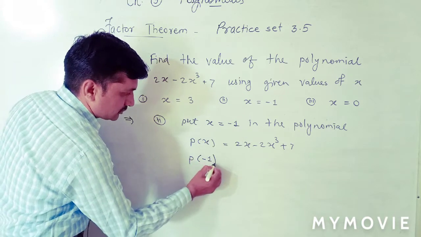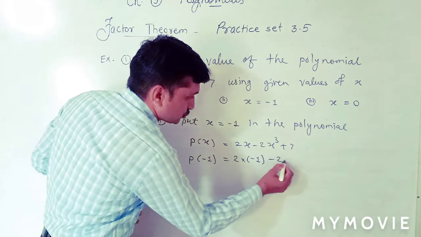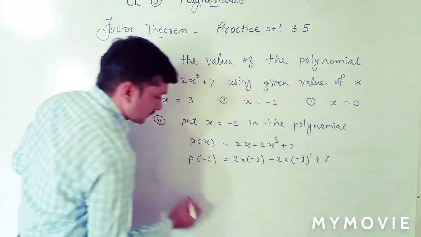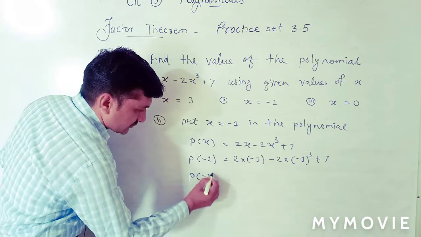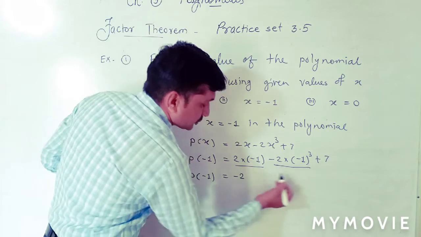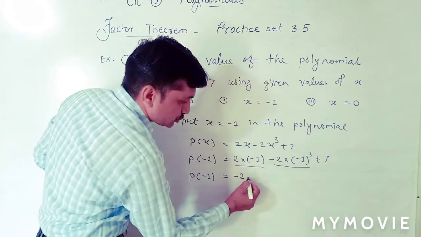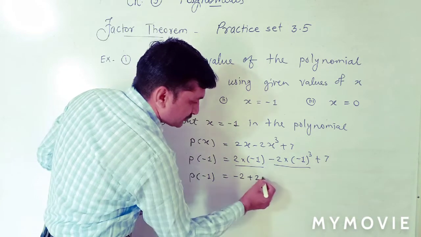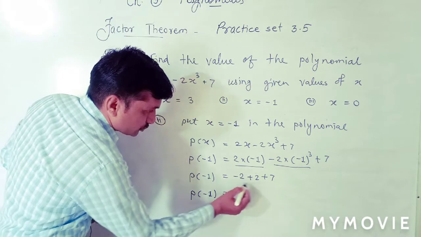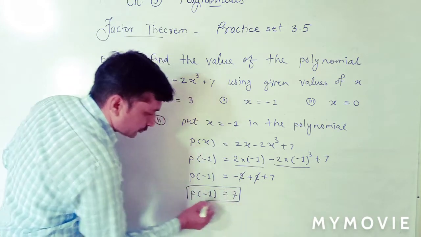P of minus 1 is equal to 2 multiplied by minus 1 minus 2 multiplied by minus 1 cube plus 7. Here the product is minus 2. Now minus 1 cube is minus 1, into minus 2 plus 2, this plus 7. P of minus 1 is equal to, now 2 minus 2 cancel, 7. This is the value of the polynomial.